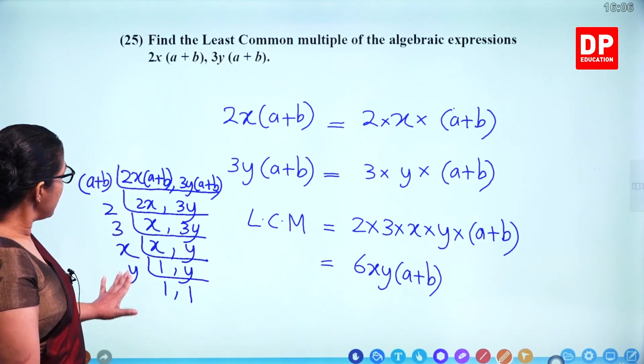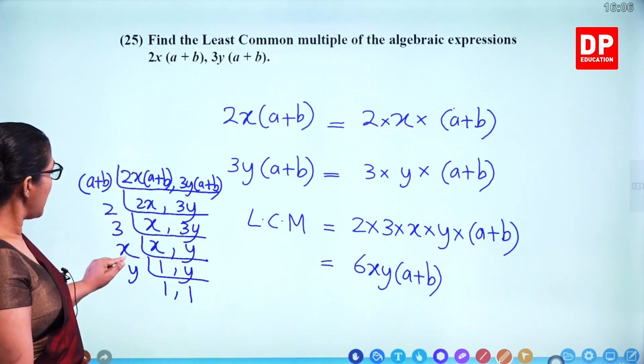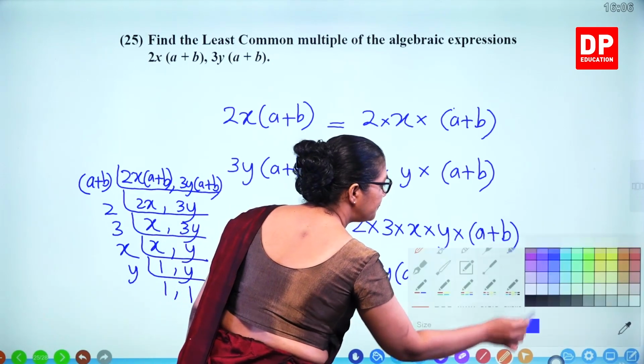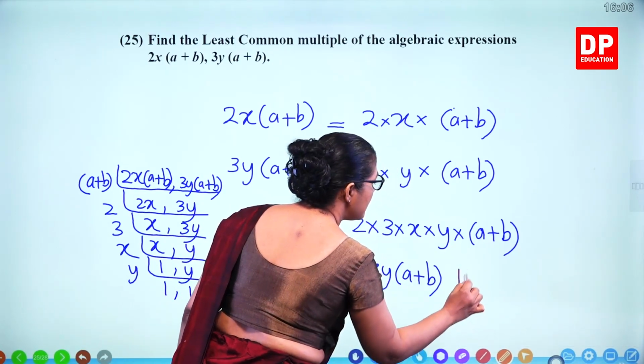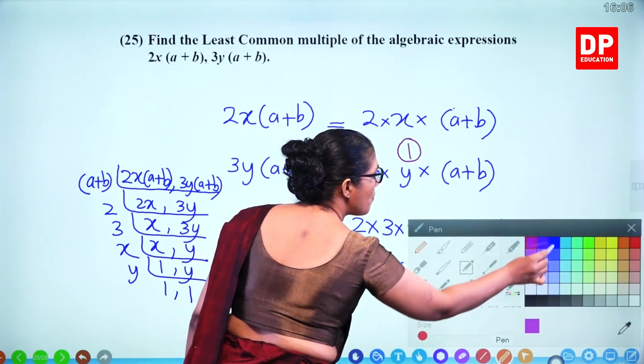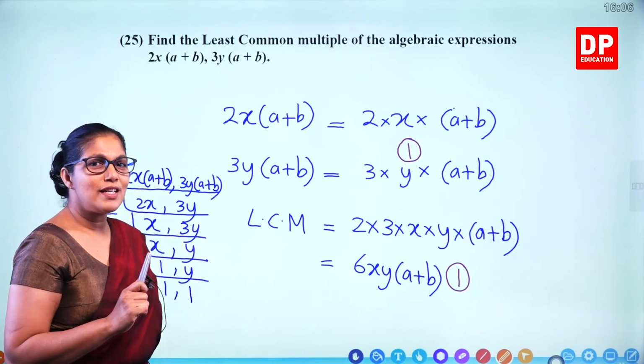When you multiply these factors, you get the lowest common multiple: 2 times 3, 6xy with (a plus b). So 1 mark here to get this and 1 mark for the method. So 2 marks altogether. This is the last question in this paper.